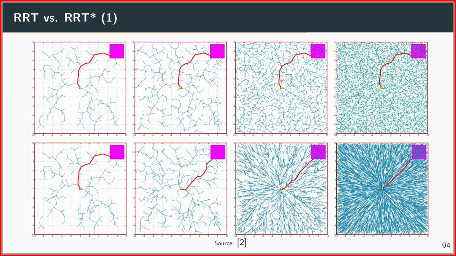And then in the end, when we have a very dense covering of the configuration space, you can see we have found an almost optimal solution. What you can also see is that the tree shows you for every point an optimal path towards this point. So it's really a tree containing only shortest paths to all the points in the configuration space.